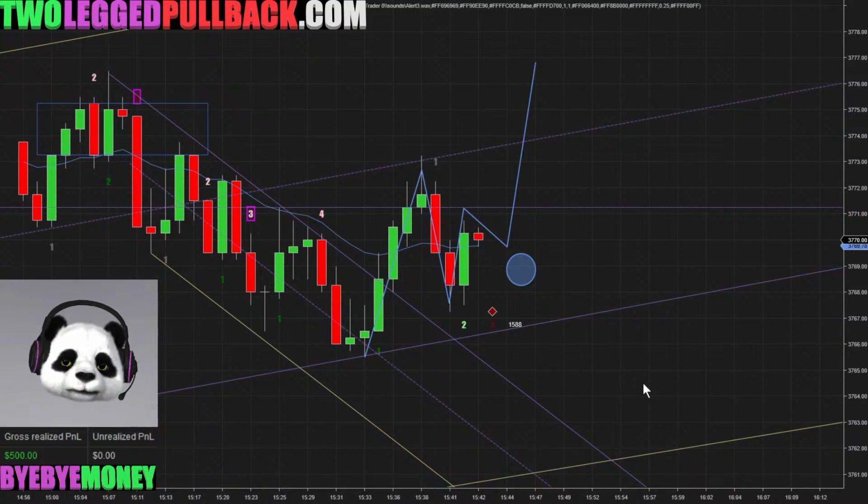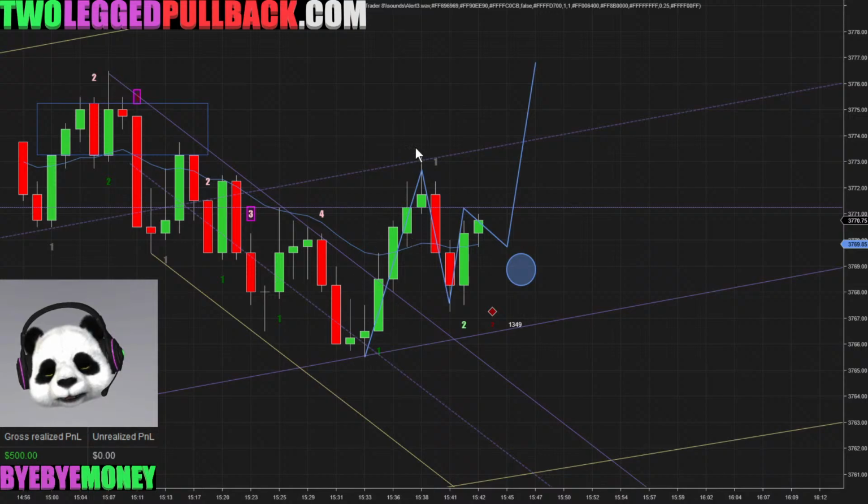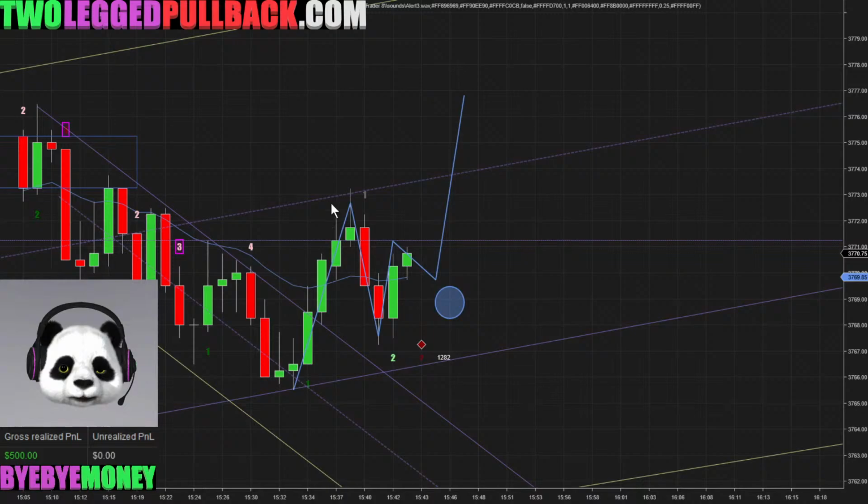So pretty strong bear bars, but notice they're not strong enough to undo these bull bars. You have to see it relative to the context. If you see this, you're like, okay, that's pretty bearish. But compared to this, it's not bad.